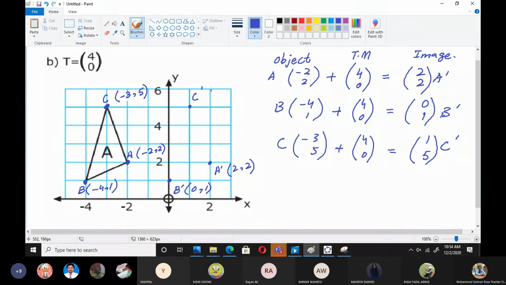So C bar is going to be 1 comma 5 over here. I'm going to select a decent color from here, pick up the straight line, and make the line here, and then here, and then here.